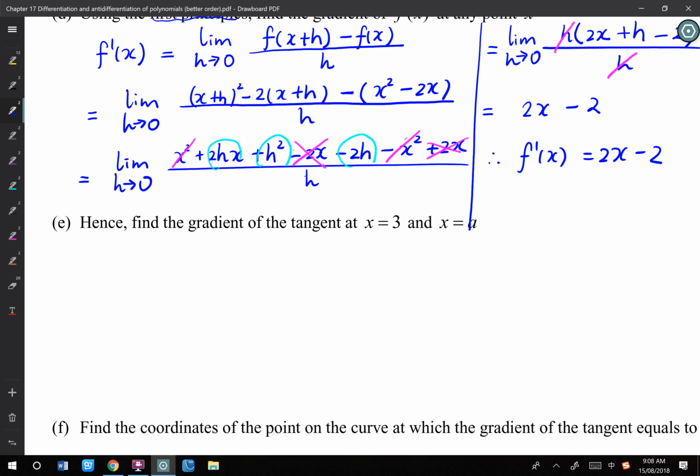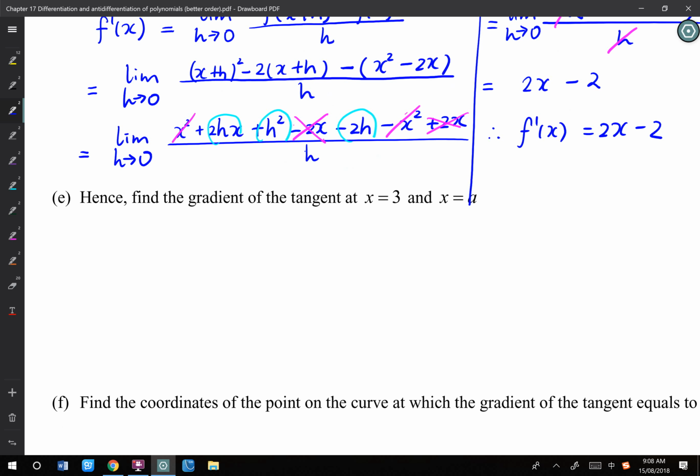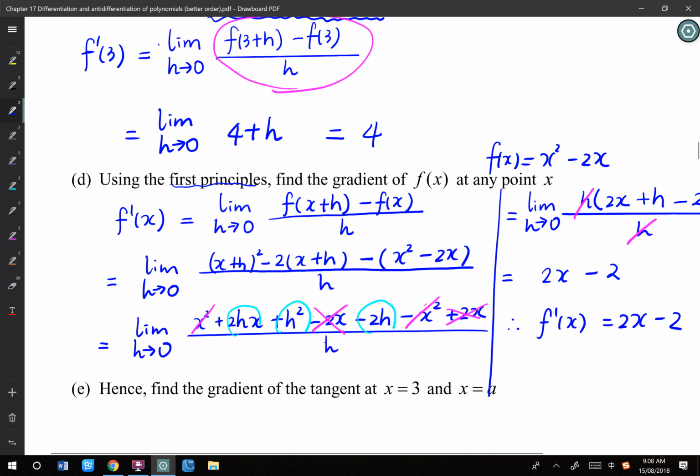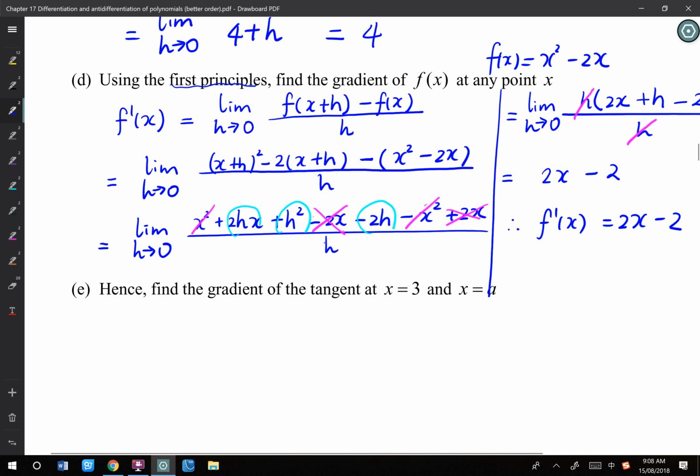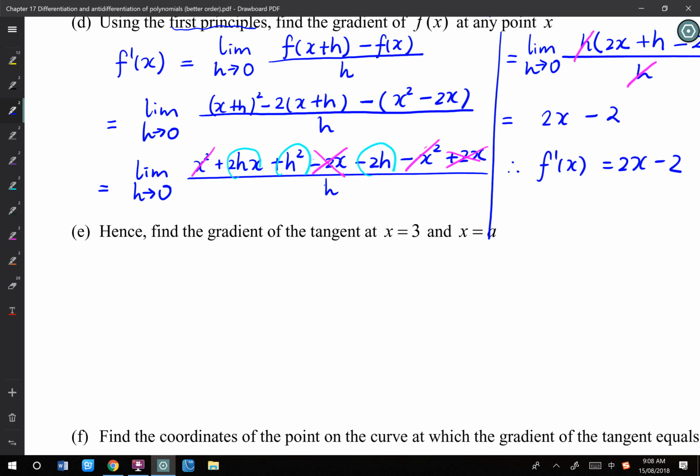Next question. Hence find the gradient of the tangent at x equals 3. Well, we worked out the gradient at x equals 3 already in C, but we want to use, hence, the answer from the previous question.